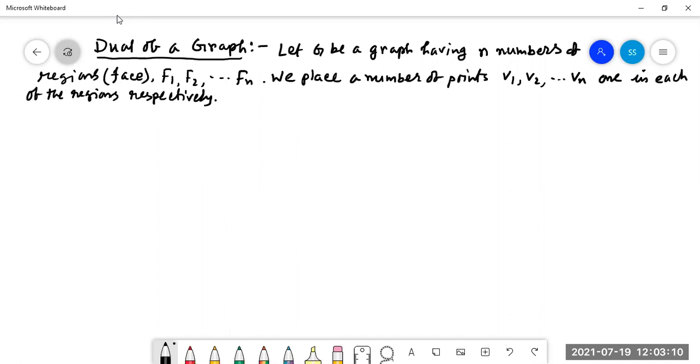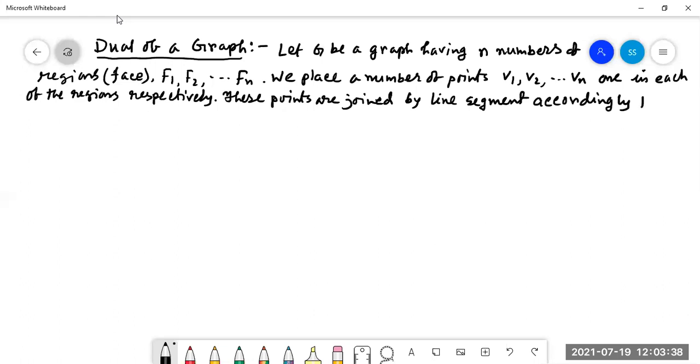These points are joined by line segments according to the following procedure.